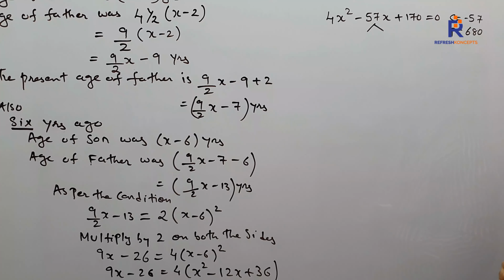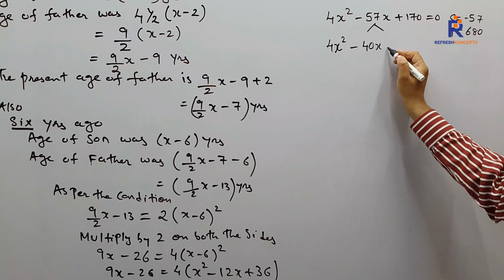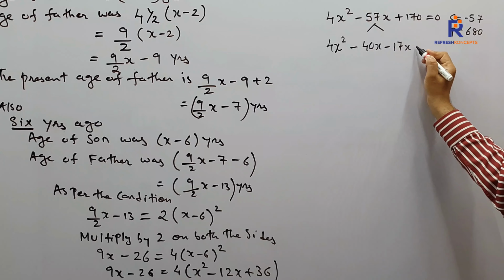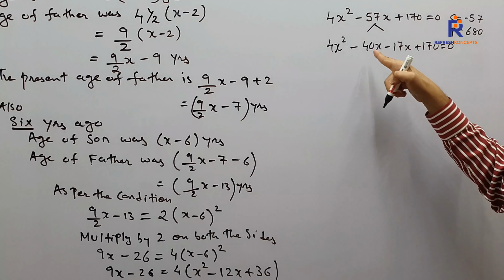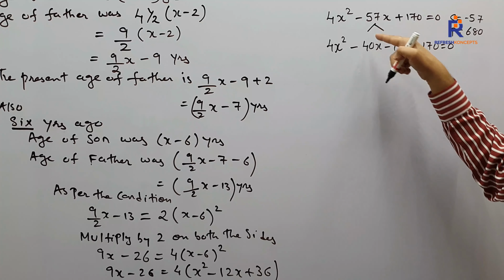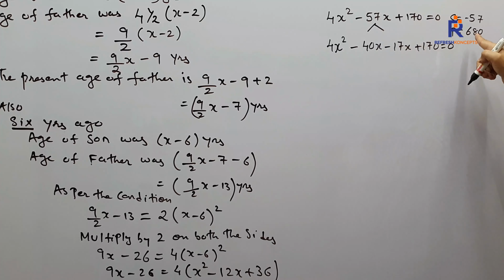Can I say 40 and 17? 4x square minus 40x minus 17x plus 170 equals 0. Minus 40 minus 17 is minus 57, and minus 40 into minus 17 is plus 680.